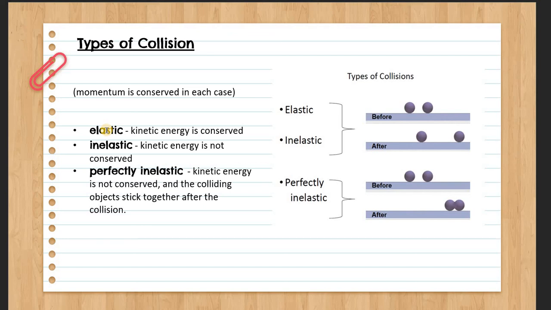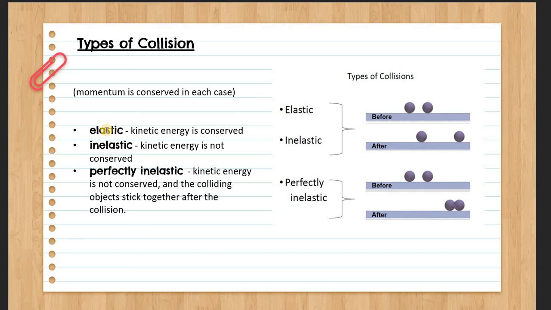They will not be attaching or sticking together, unlike perfectly inelastic collision. So, kapag after the collision, naghiwalay sila, it's either elastic or inelastic collision. But if they stick together, nag-move sila together, this is perfectly inelastic collision.